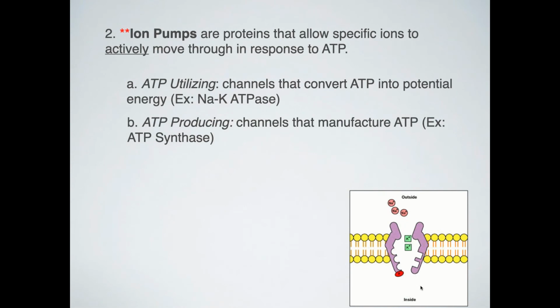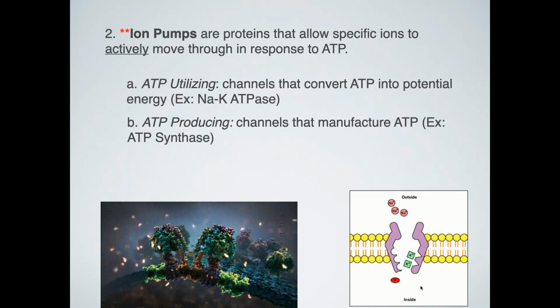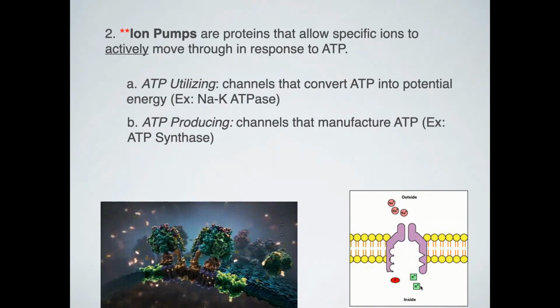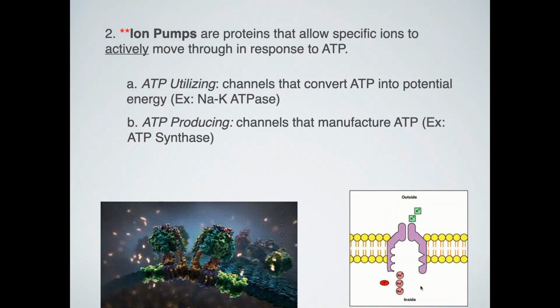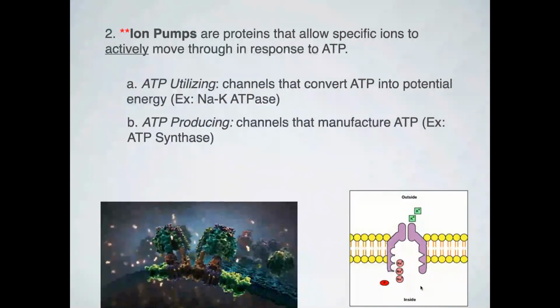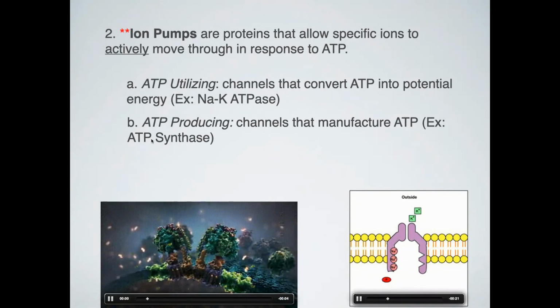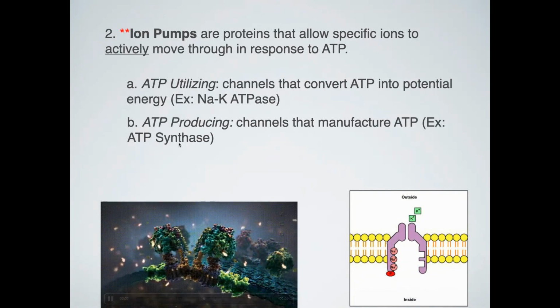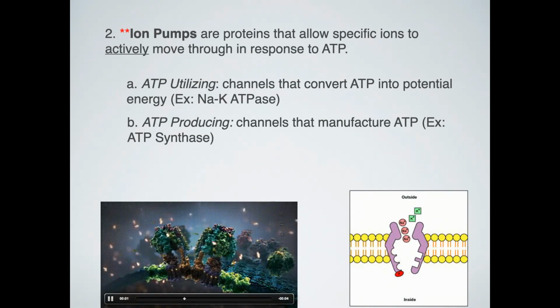We also have ATP producing channels. They manufacture ATP. I know it doesn't make a whole lot of sense, because obviously it costs us ATP in order to make ATP. But there has to be a net gain of ATP in order for it to be advantageous to us. So ATP synthase is the protein structure that turns like a turbine.